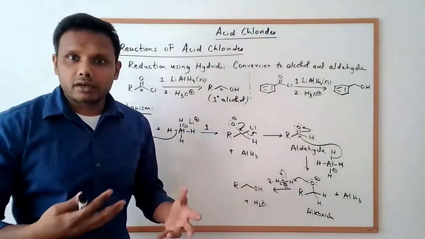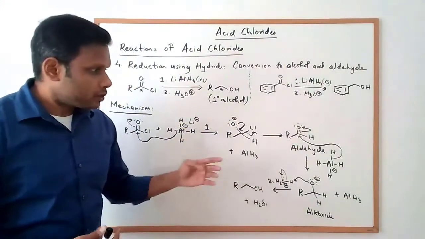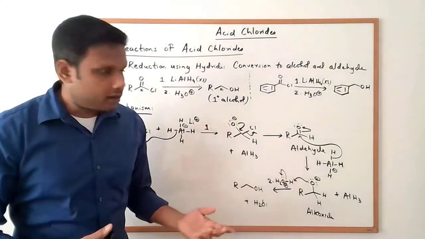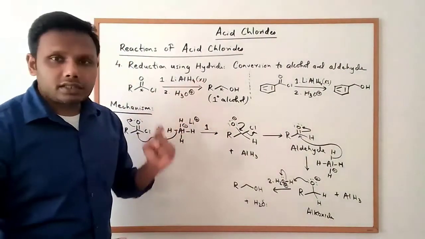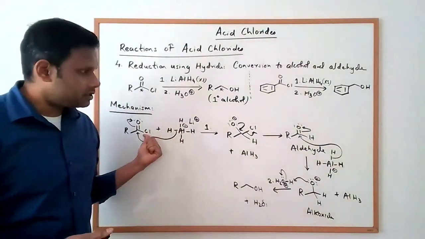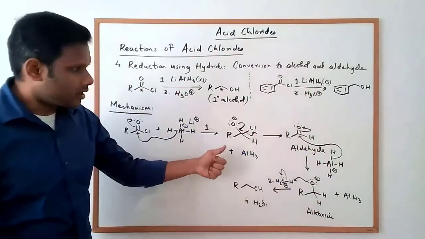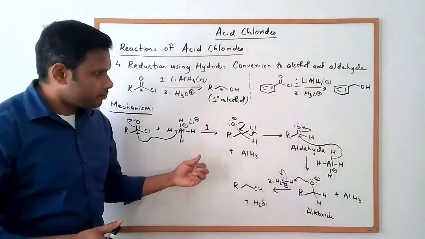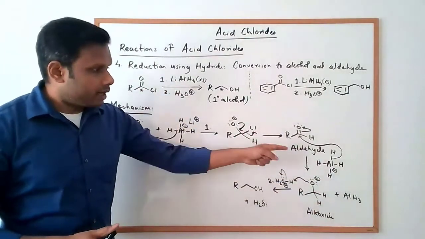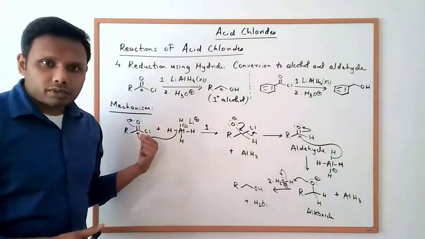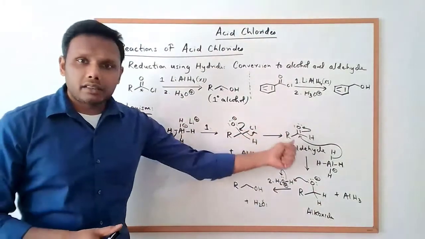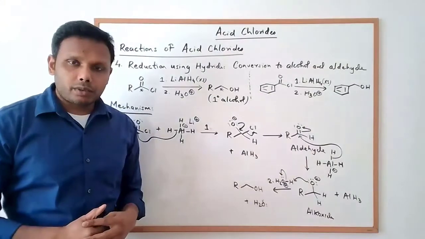So you will have multiple products there. So it is better to use excess lithium aluminum hydride to convert the acid chloride all the way to the primary alcohol. So that's the mechanism. 2 attacks by the hydride on that carbon. First an acyl carbon and then a carbonyl carbon.